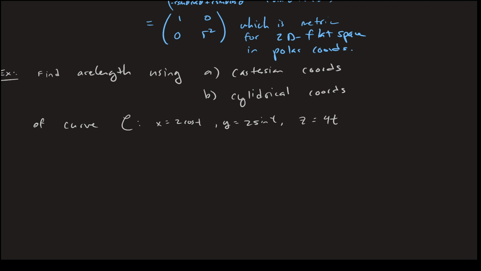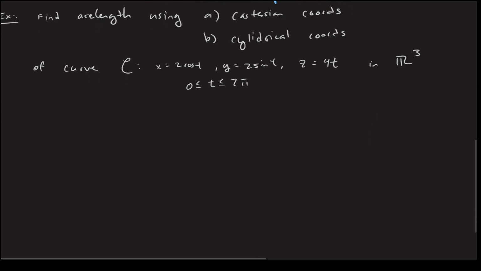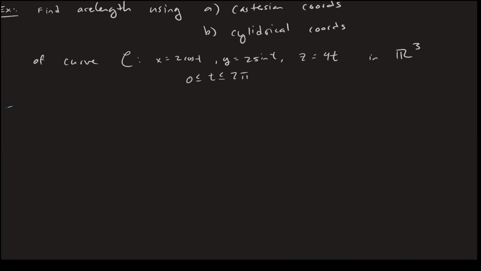So this is the helix in R3. And t is going from 0 to 2 pi. So we're going to find the arc length of this curve using cylindrical and Cartesian coordinates. So solution.